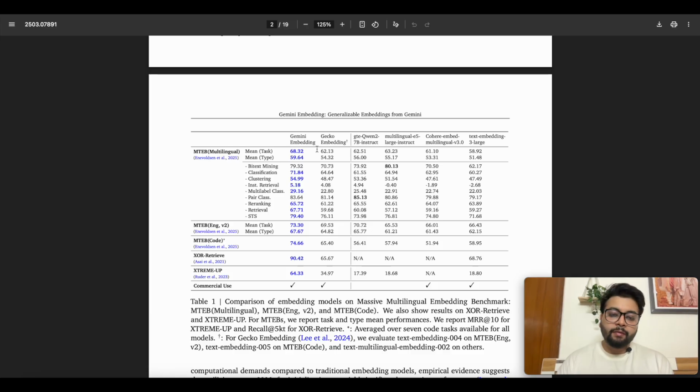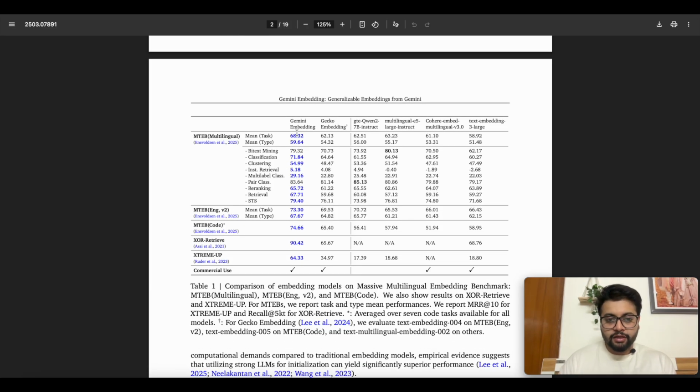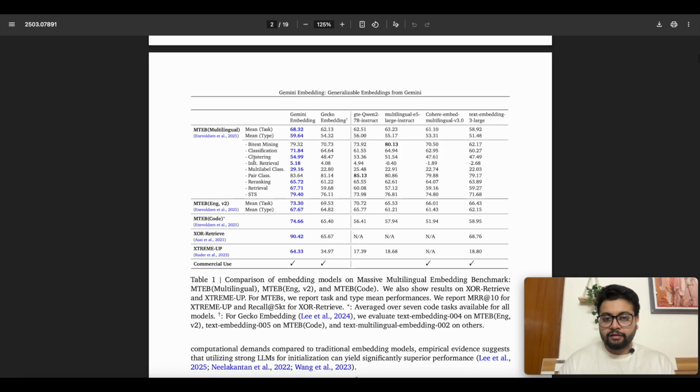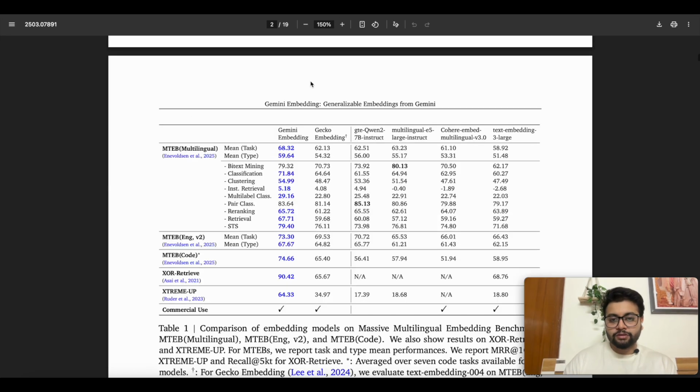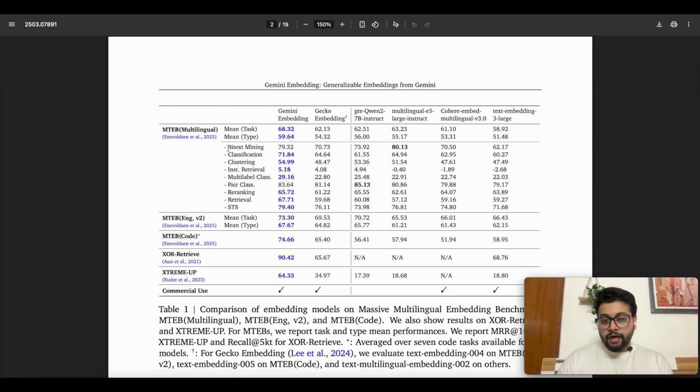There are some performance analyses attached in the paper on the MTEB multilingual dataset. The interesting thing to see is they are performing different kinds of tasks, and they are scoring the Gemini embedding model against other embedding models as well, like Qwen2, Gecko, multilingual E5 large instruct, text embedding 3 large, different models.